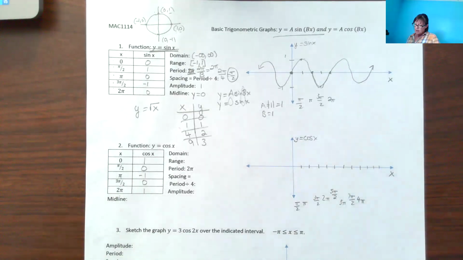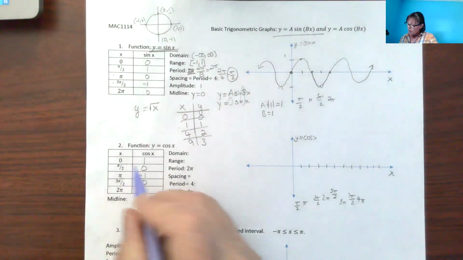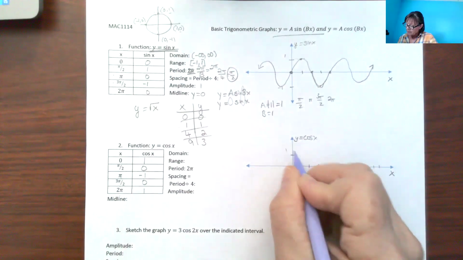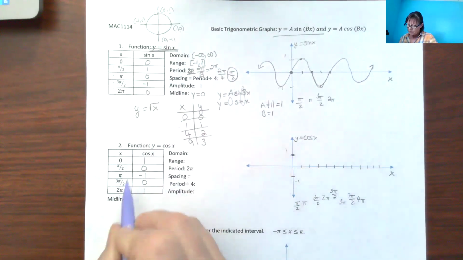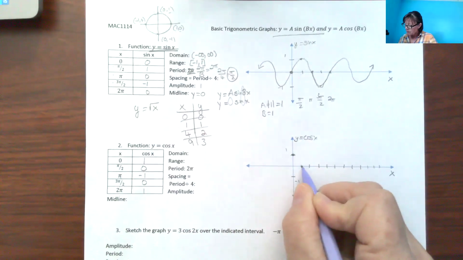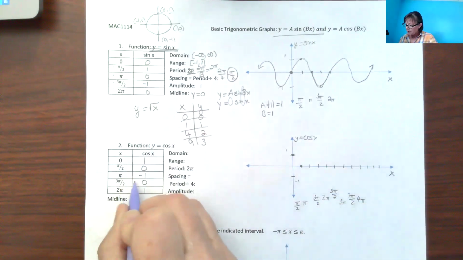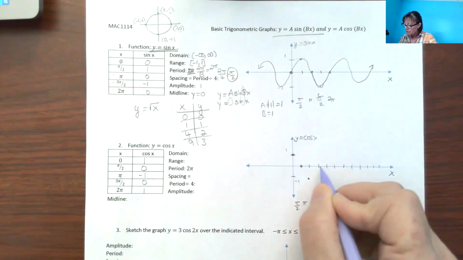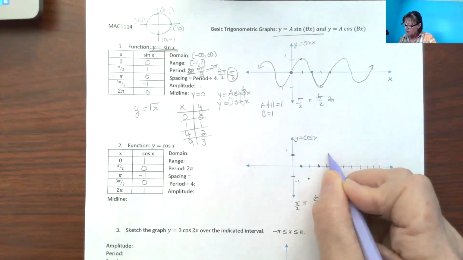All right, ready? When x is 0, the cosine is 1, this is a big 1, and this will be -1. When x is pi over 2, which is this first one, it's at 0. When x is pi, which is the second one, we're down here at -1. When x is 3 pi over 2, we're here at 0. And when x is 2 pi, we're back here at 1.